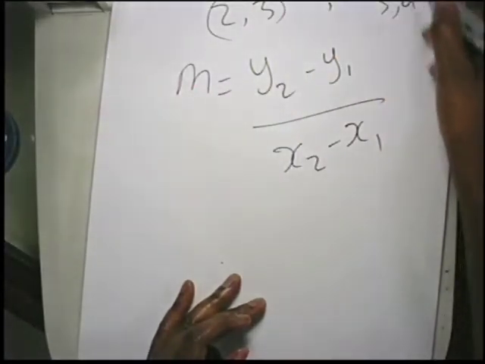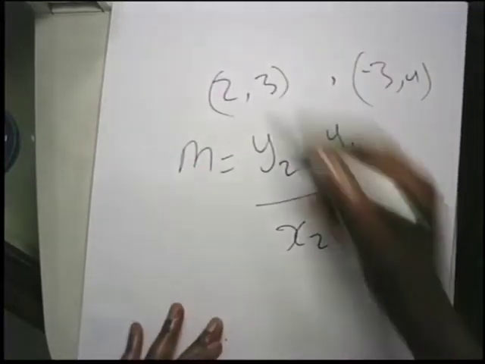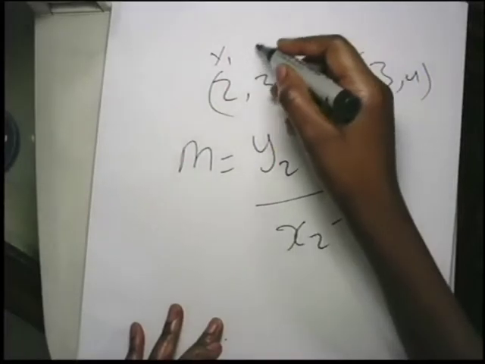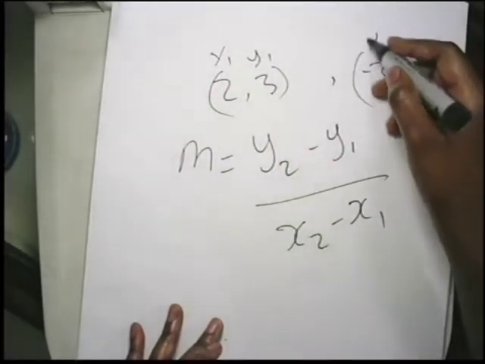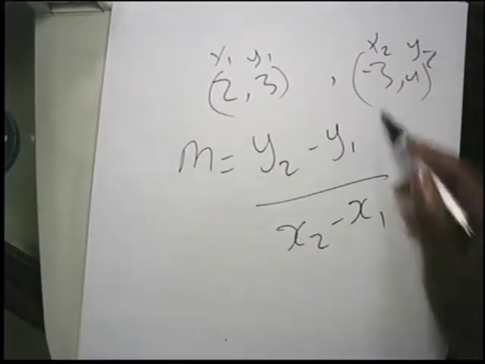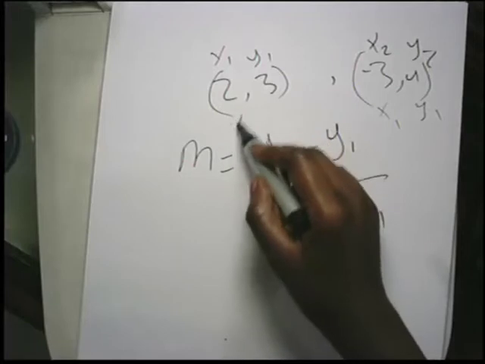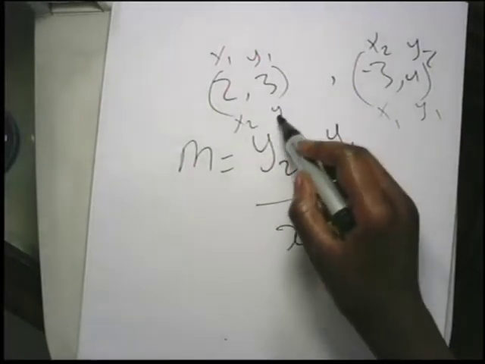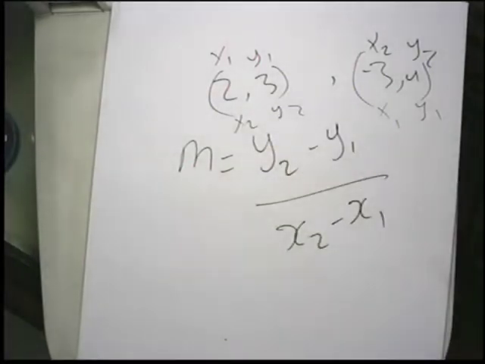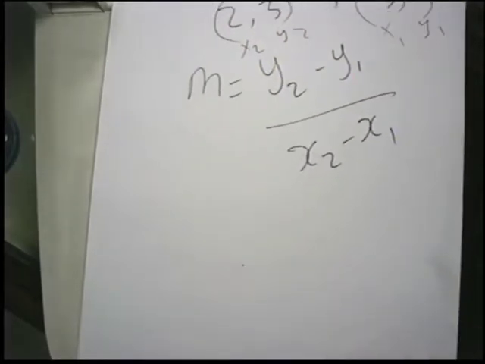Whatever you decide, your answer will always be right. You can say this is x1 and this is y1, this is x2 and this is y2, or the other way round. Your answer will still be the same because the coordinates are in the same order.